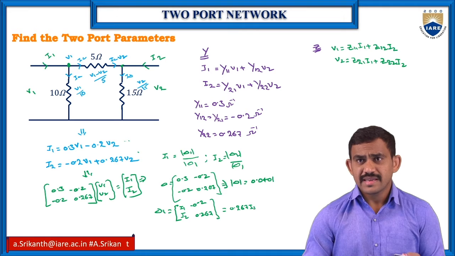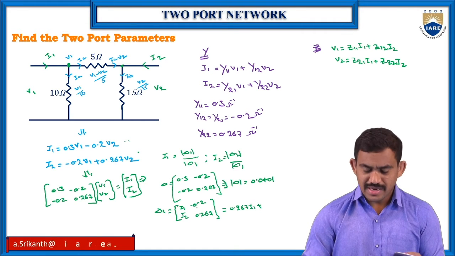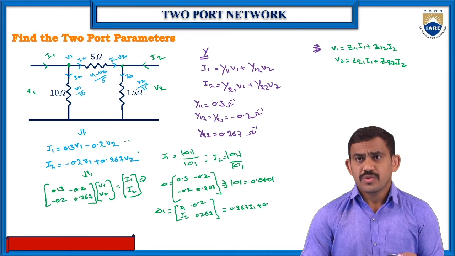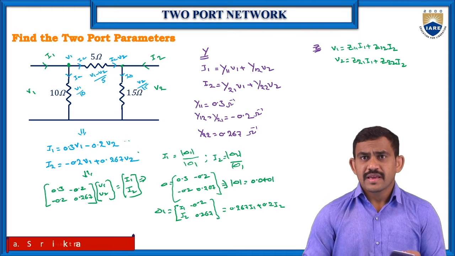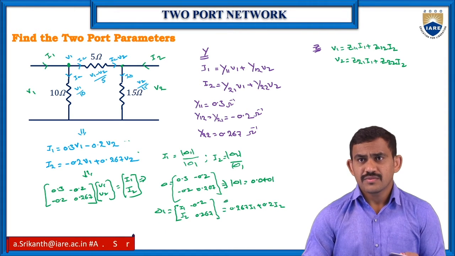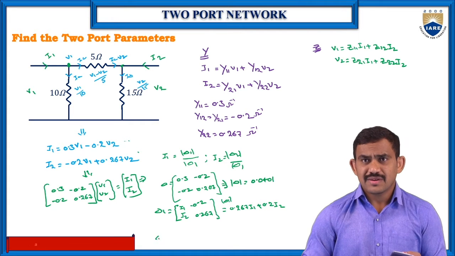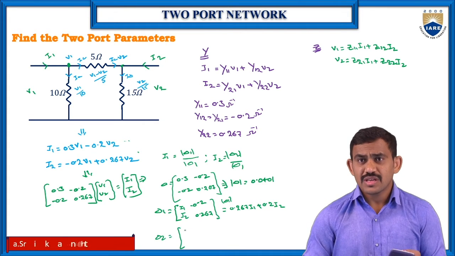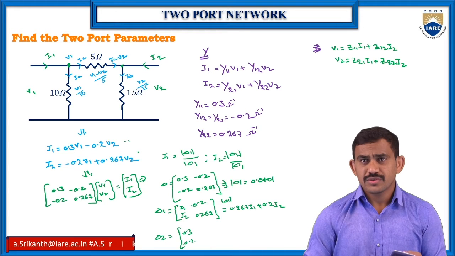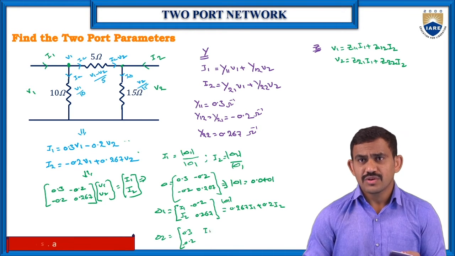Here minus into minus we have plus, so minus 0.2 into I2 means we will have plus 0.2 I2. That is the del of delta 1 value. Coming to the del 2 value, we need to remove the minus 0.2 V2 column and substitute the right-hand side values.